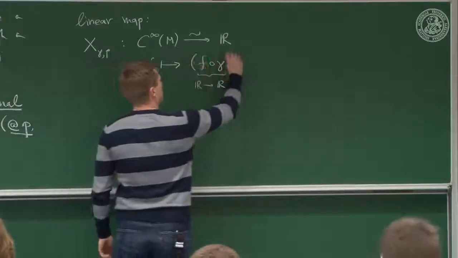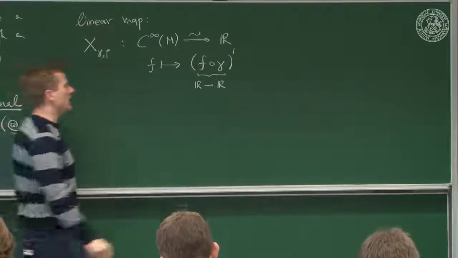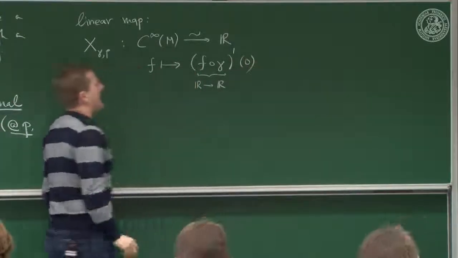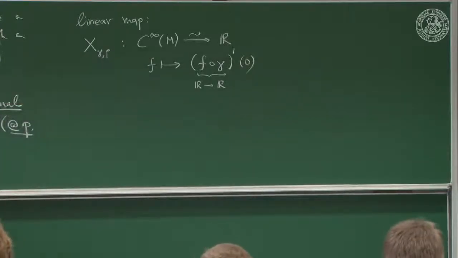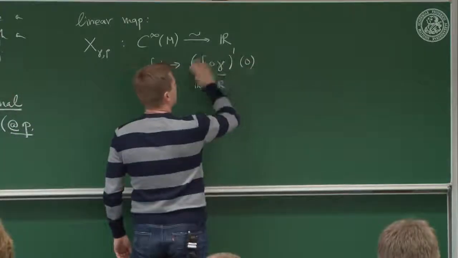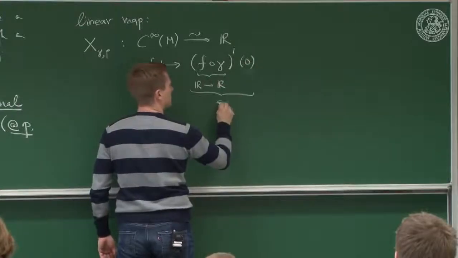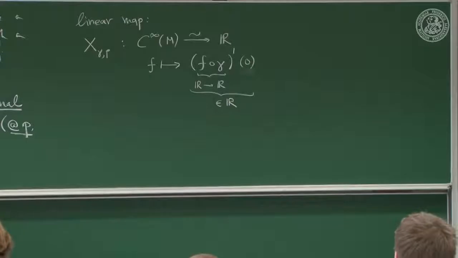As such, we know how to build its derivative, which we denote by a prime, and that is a function, but we want the derivative at 0, which is of course the parameter value at which the curve goes through the point P, and by calculating the derivative and evaluating it, the result is a real number, as it should be.